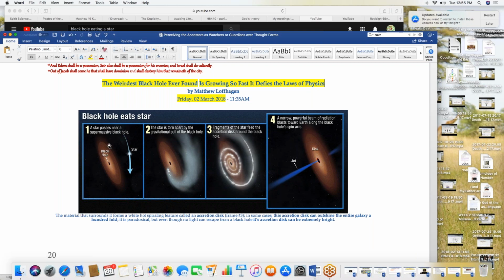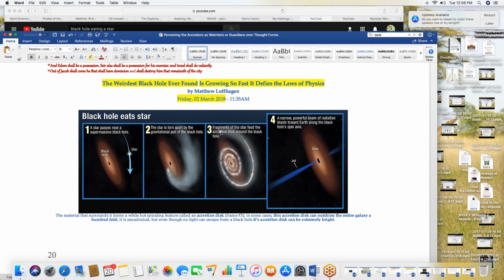But here's the process. As we saw, the star passes near a supermassive black hole. The star is torn apart by the gravitational pull of the black hole.